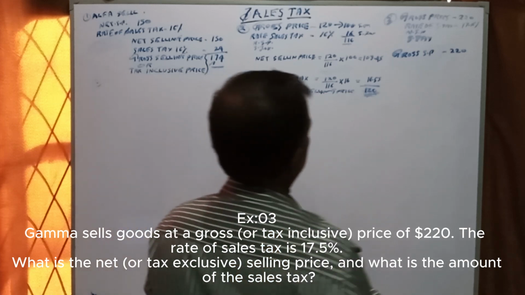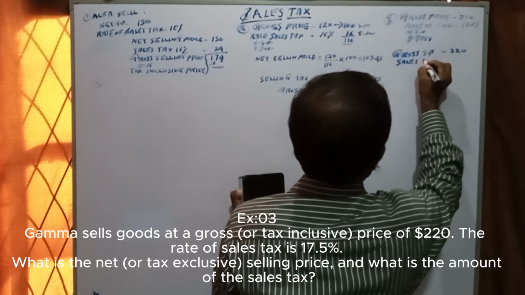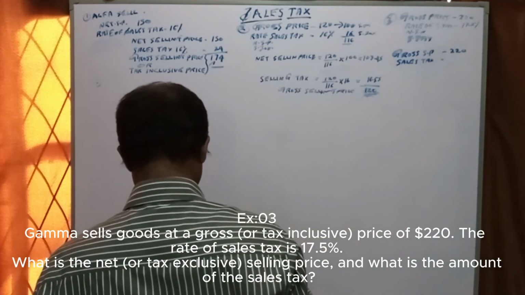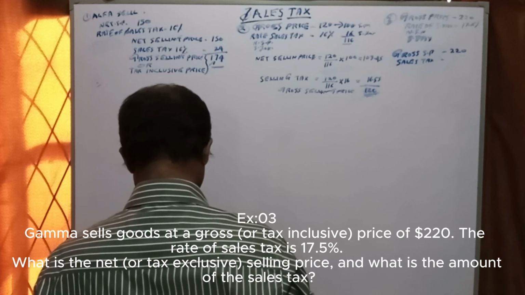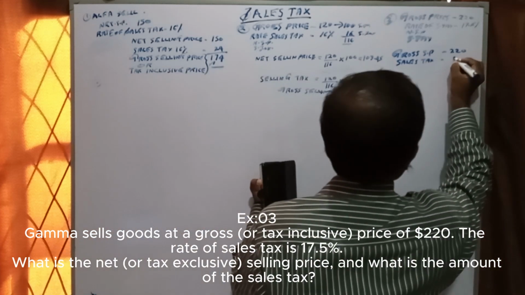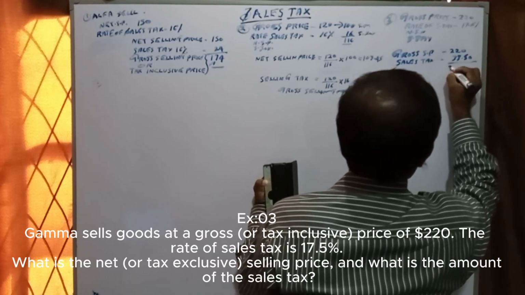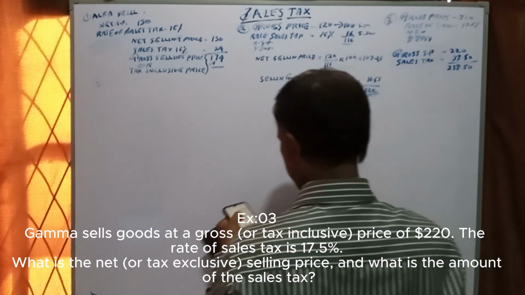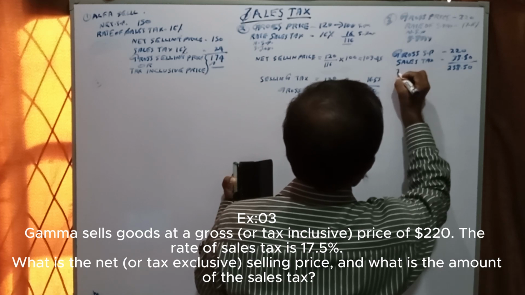Sales tax equal to 220 into 17.5 percent, that is 38.50. So 258.50.